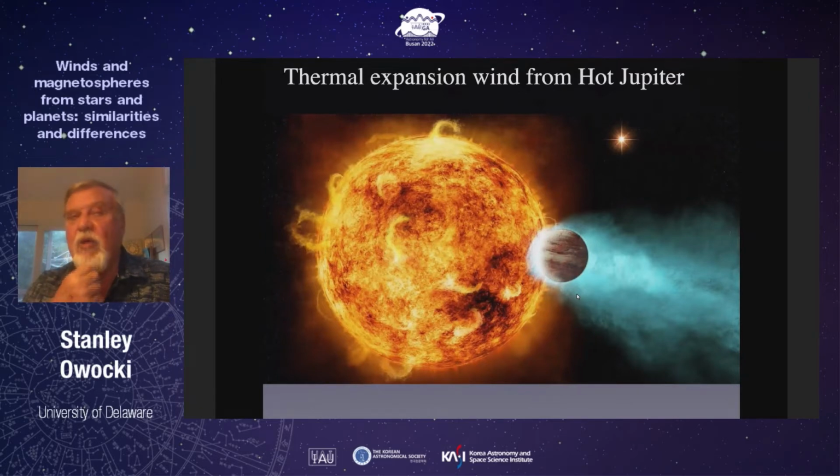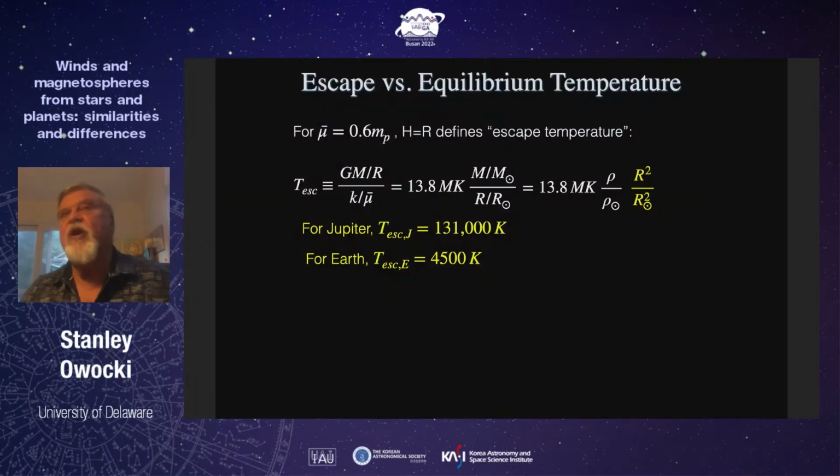Basically, a planet will also have its atmospheric outflow stripped away from the star. But the difference is that planets have strong gravity, and so you have to heat the gas up to a pretty high temperature. Now if we go back to this concept of escape temperature, you can see that the escape temperature of a body scales like mass over radius.